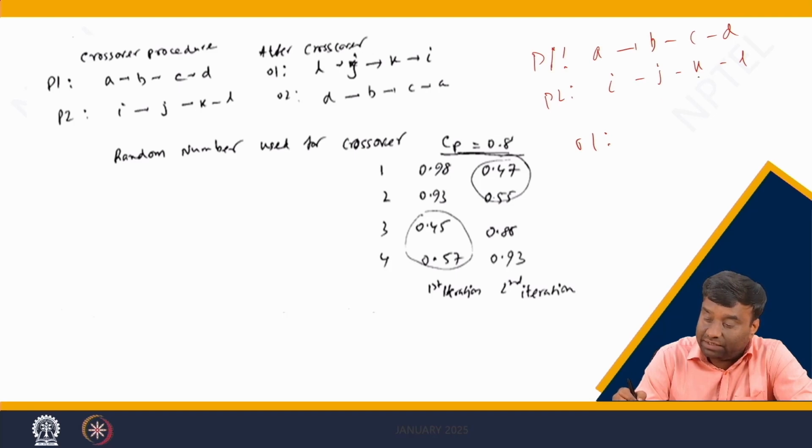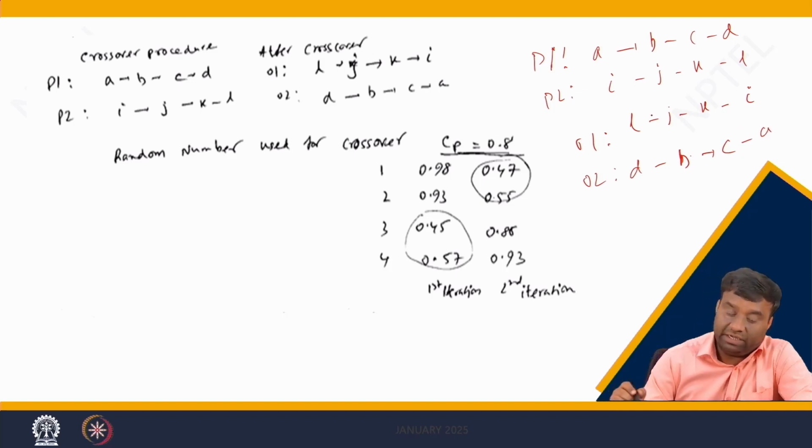We interchange these two, so it is L, J, K, I. And for offspring 2, interchange D and A. So it is D, B, C, A. So that is the crossover technique.